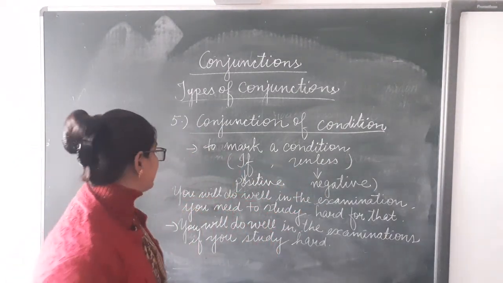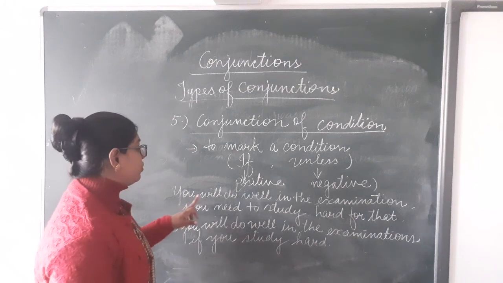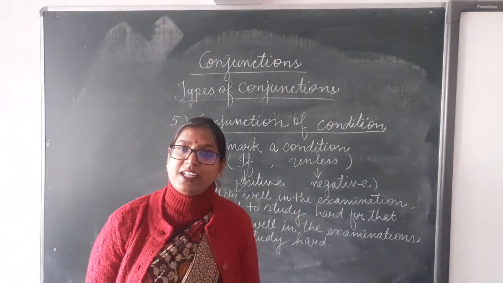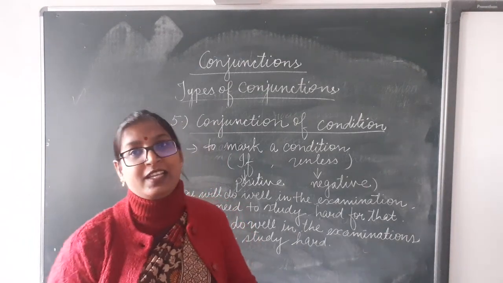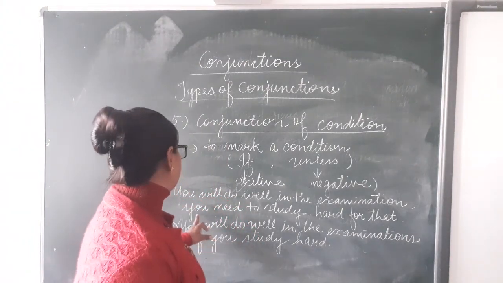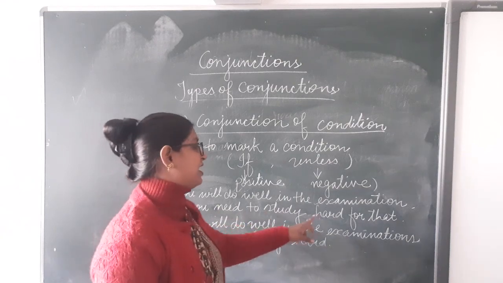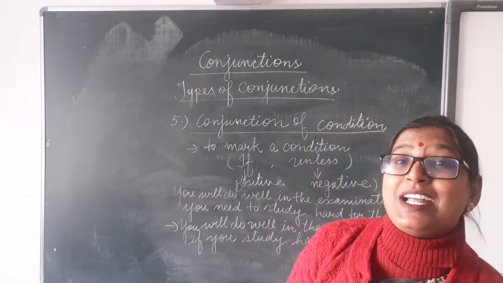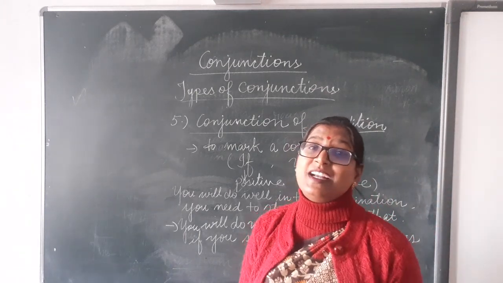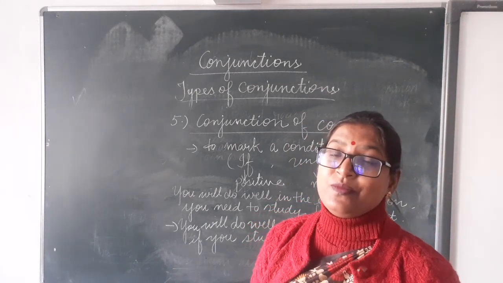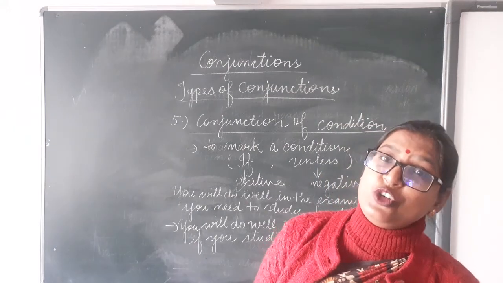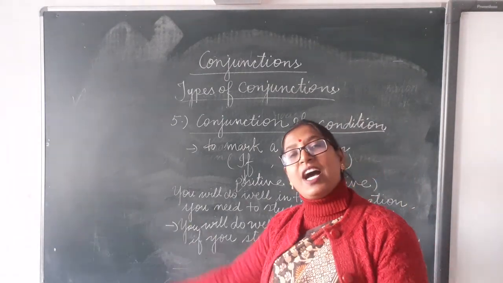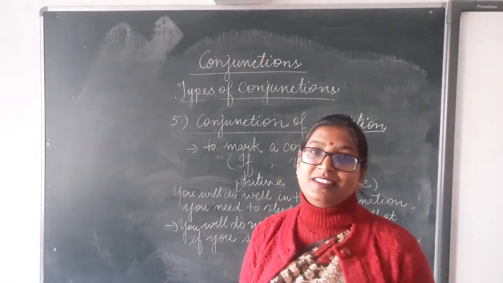Let's see the example. You will do well in the examination. It's the first sentence. Second is, you need to study hard for that. There is the condition. If you want to do well in examination, you have to study hard.